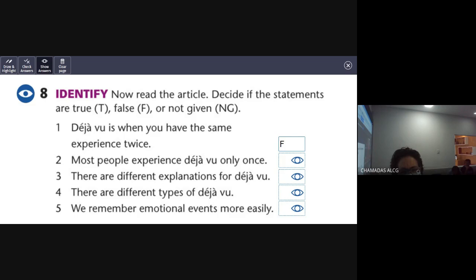Maybe something similar, okay? So, number 2, most people experience déjà vu only once. False.